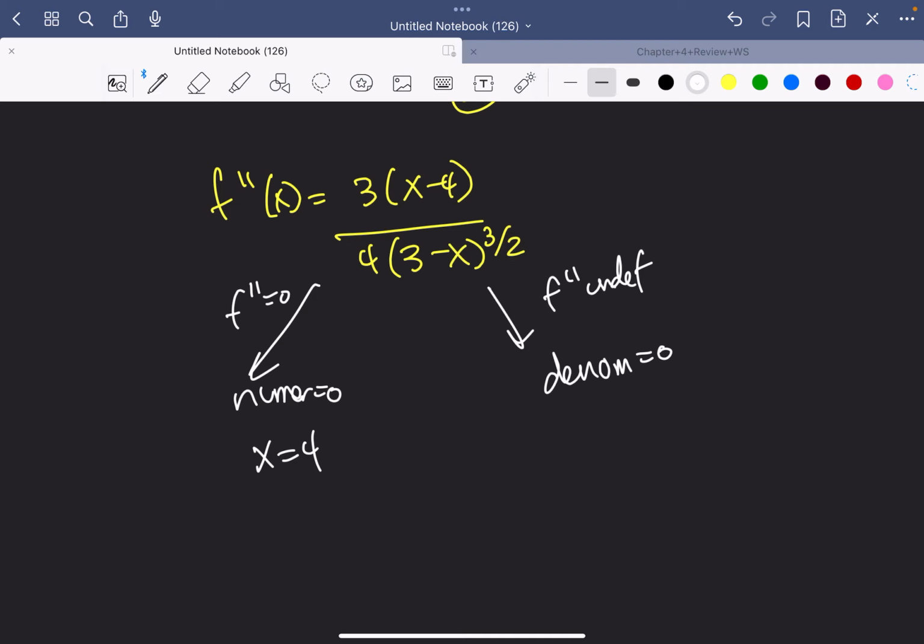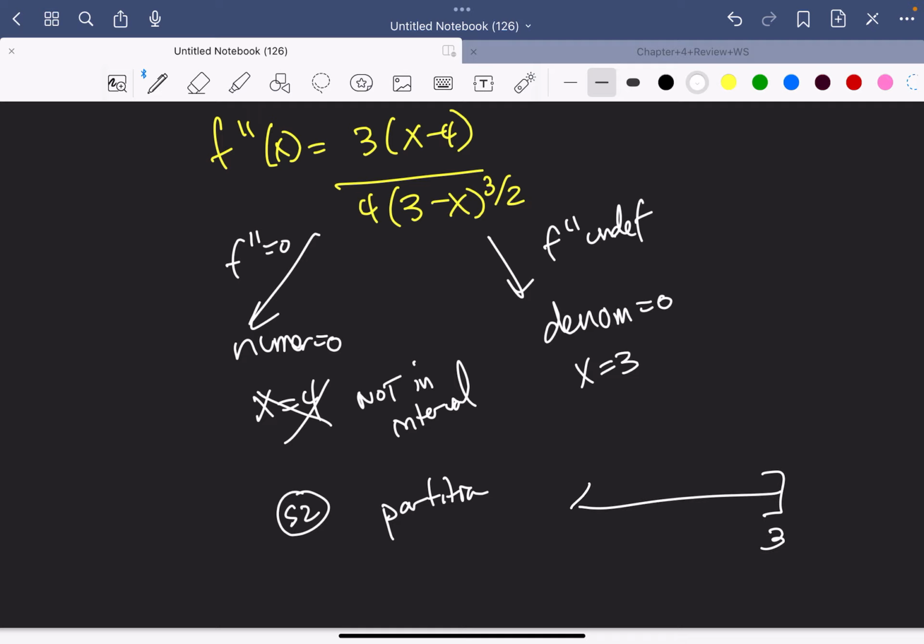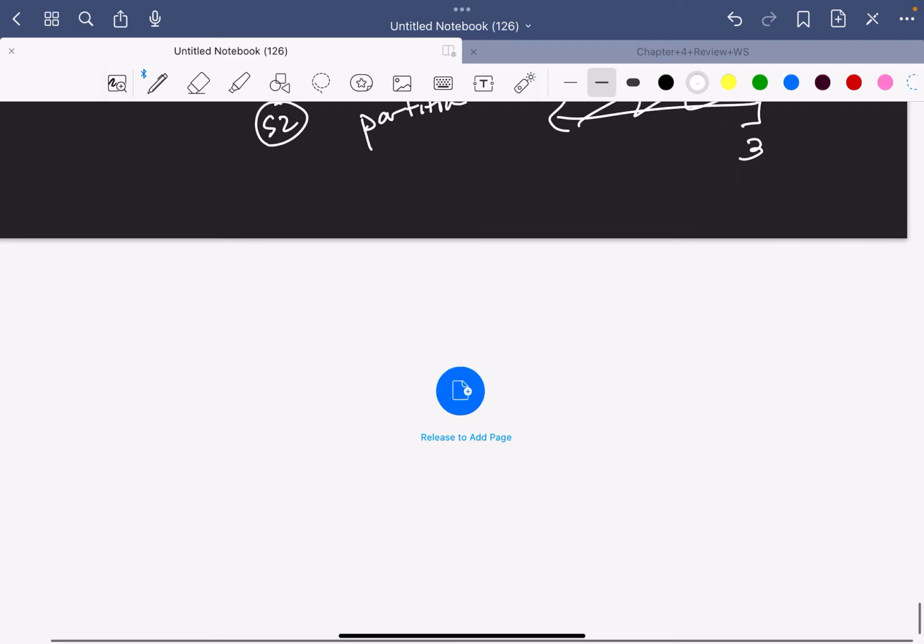Denominator equal to 0 is x is equal to 3, right? But notice this 4 is not in our interval. And so what do we do? So that means step 2 is to partition. And partitioning means we have our number line going this way. We just have one big interval.